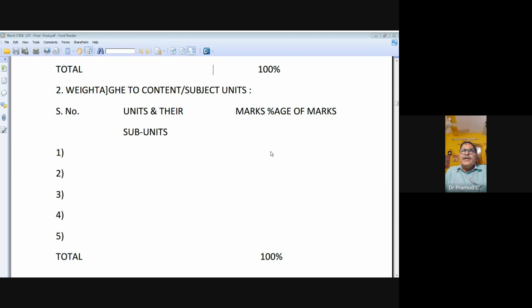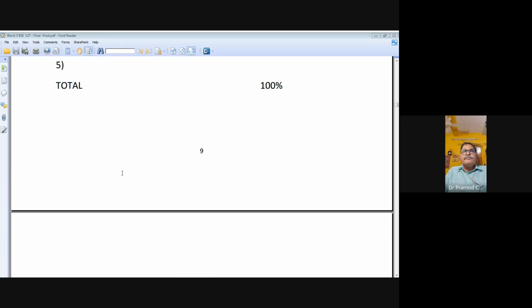But if for one chapter you give 30, then for another chapter you will have to give 10. But the distribution should be there, and questions should be taken from all the units.